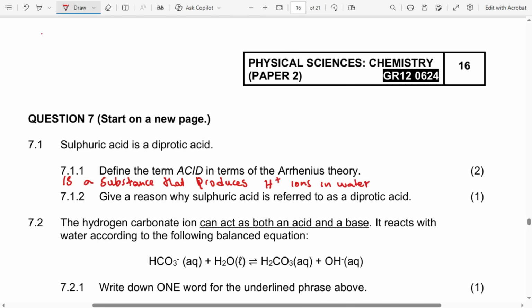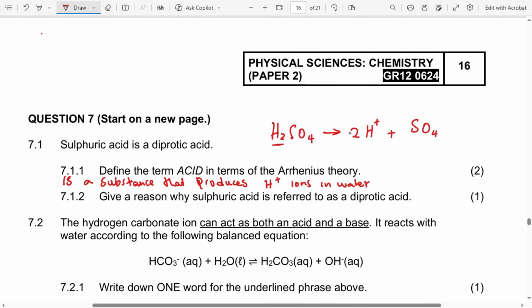So give a reason why sulfuric acid is diprotic. Remember, sulfuric acid is H2SO4. If you look at this H2SO4, the sulfuric acid, it's a diprotic acid because it will give away these 2 hydrogens. So it will give away 2 of those H plus and will be left with SO4.